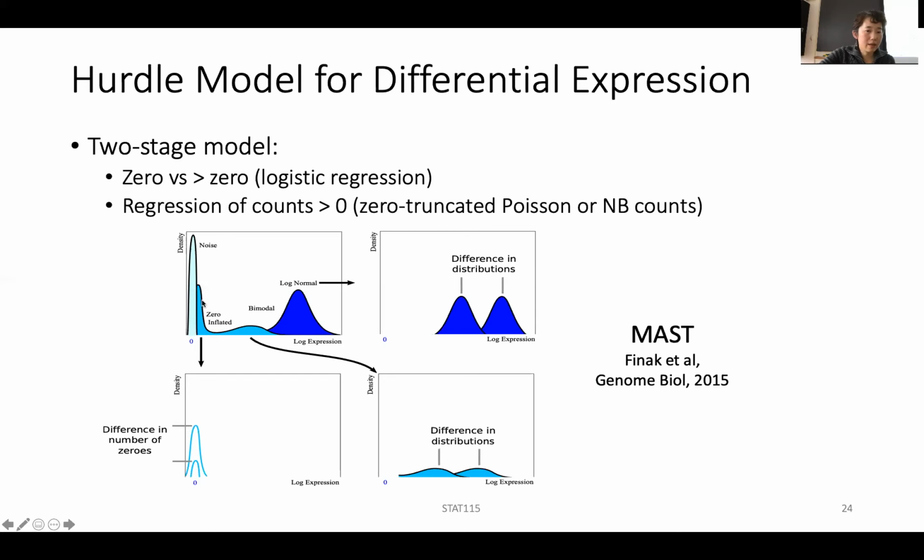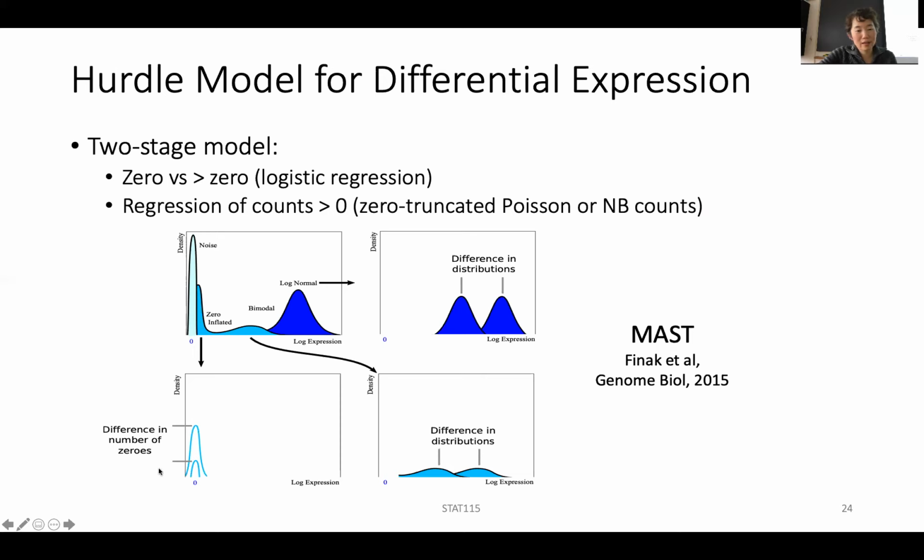The idea is there is a hurdle that this gene has to clear to be made into an RNA library. Sometimes it just cannot be seen. Then it's zero, it's hopeless. But once it's made into an RNA-seq library, then you compare one group versus the other group. Is there a difference between the expression levels of those genes? But there is a significant portion where even if the gene is actually expressed, it's still zero.